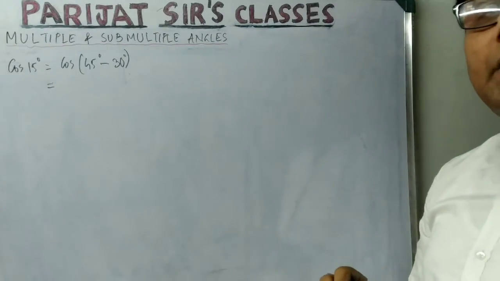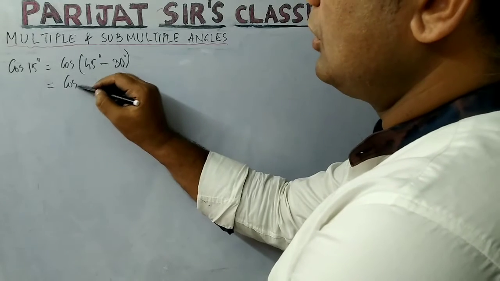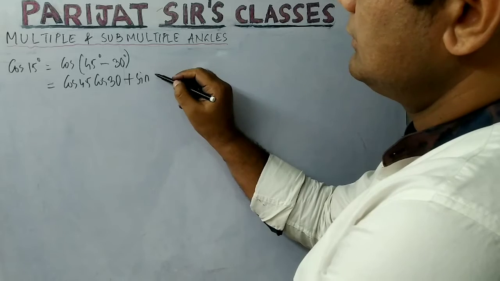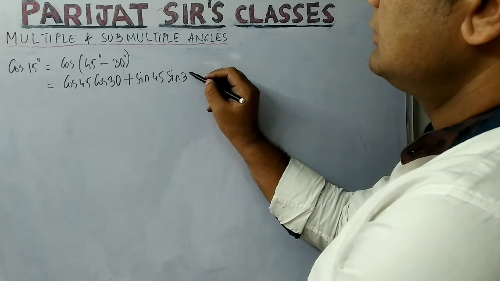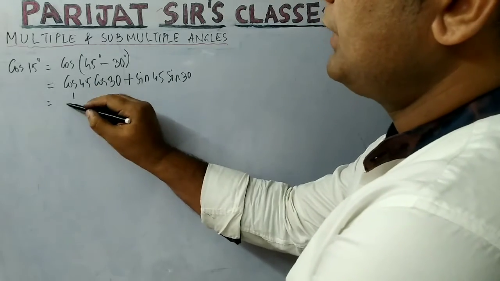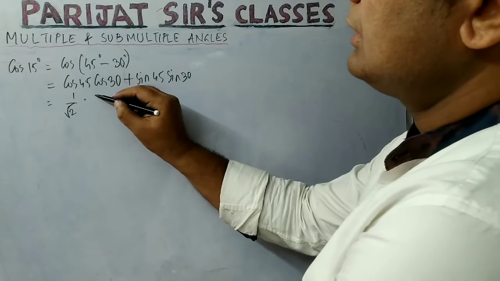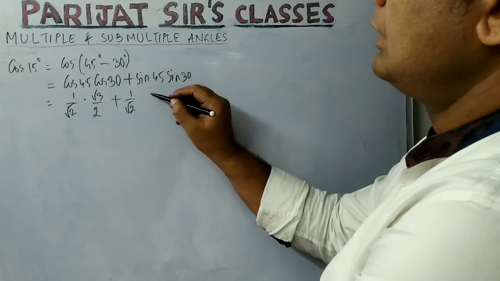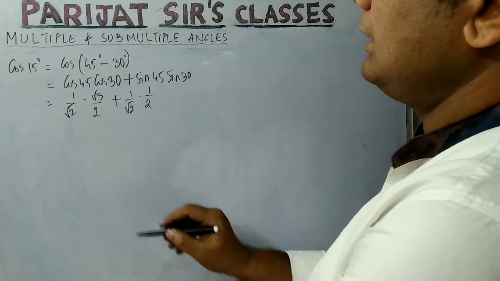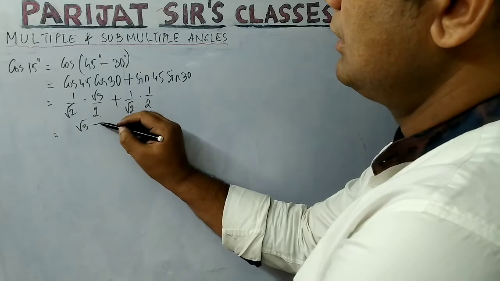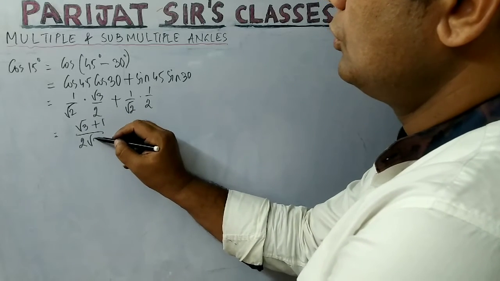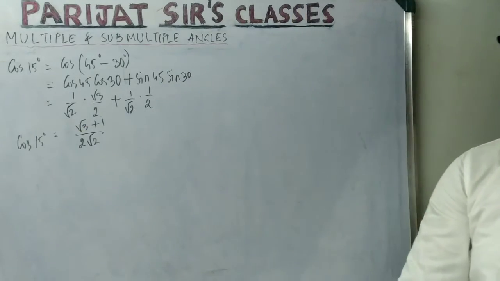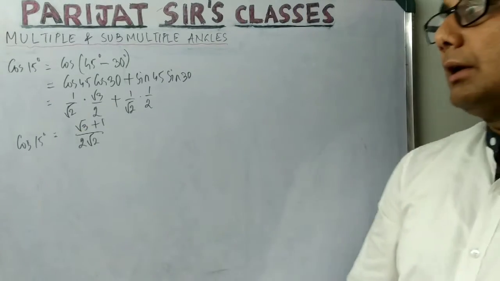So this is cos A minus B's formula, and the formula is cos A cos B plus sine A sine B. So cos 45 is 1 by root 2, cos 30 is root 3 by 2, sine 45 is 1 by root 2 and sine 30 is 1 by 2. So this is root 3 plus 1 by 2 root 2. So this is the value of cos 15 degree. Clear? This is how we calculate cos 15 degree.